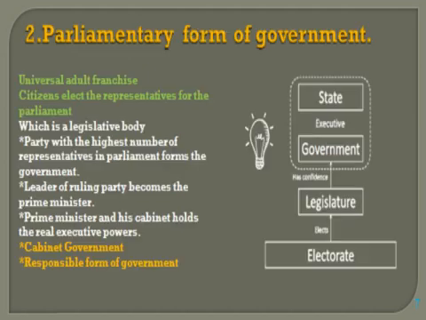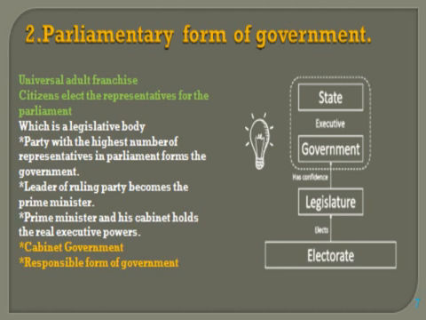Another important feature of the Indian Constitution is the parliamentary form of government. Our Constitution guarantees universal adult franchise. It means that people 18 or above have the right to vote. This right to vote is universal to all Indian citizens.